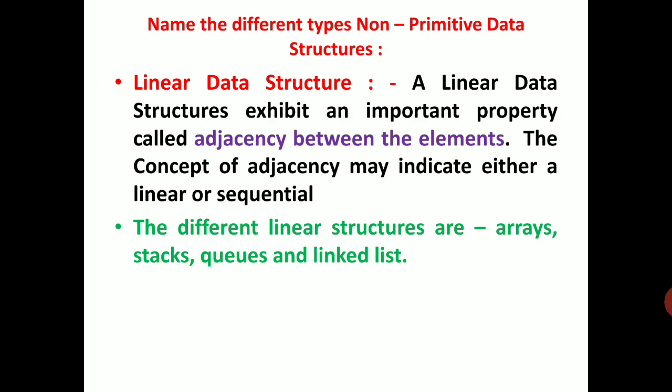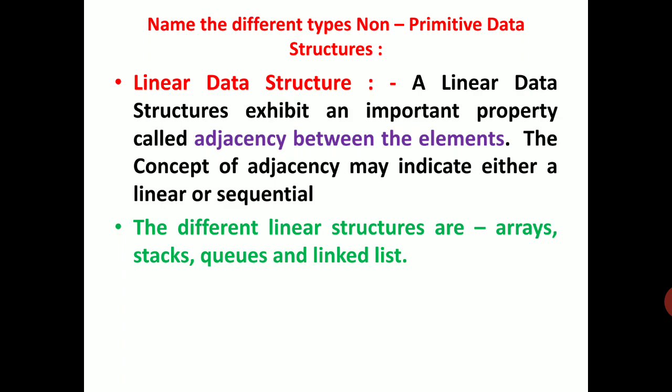We have 10, 20, 30, 40, 50 stored in an array. The first value is 10, then 20 is stored in the next consecutive location, then 30 in the next consecutive location, then 40, then 50. So this is a linear data structure.